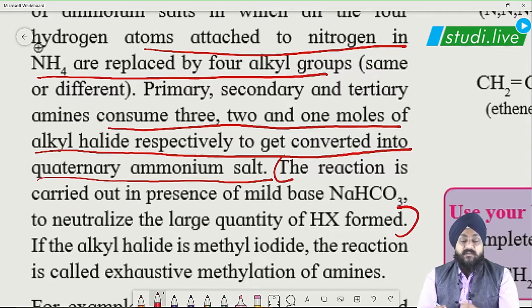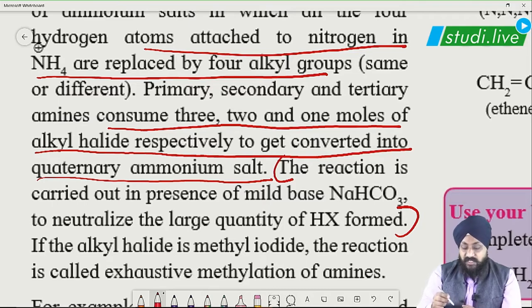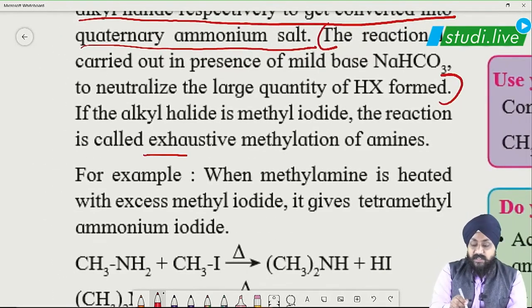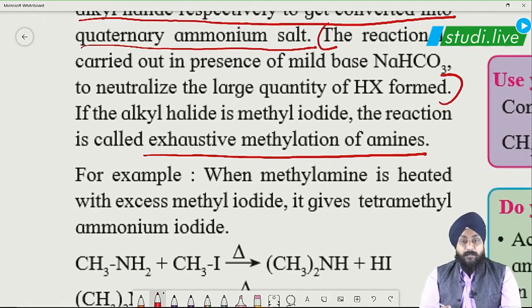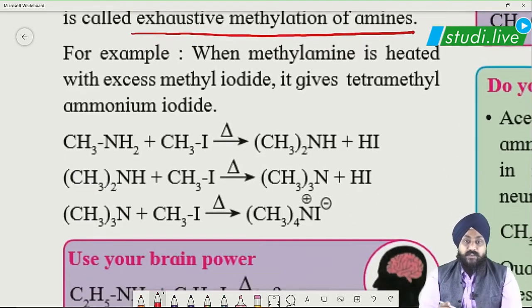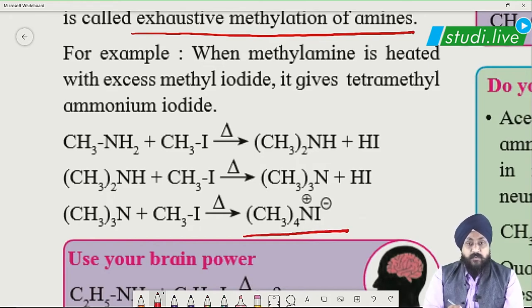And students, if the alkyl halide is methyl iodide, the reaction is called exhaustive methylation of amine. So here methylamine, you are treating it with methyl iodide. Finally you get tetramethyl ammonium iodide.